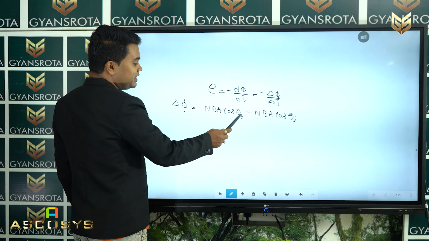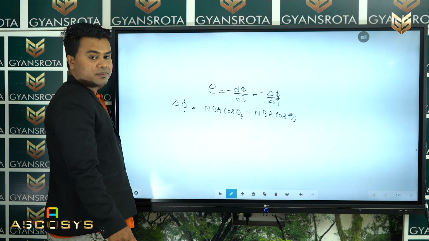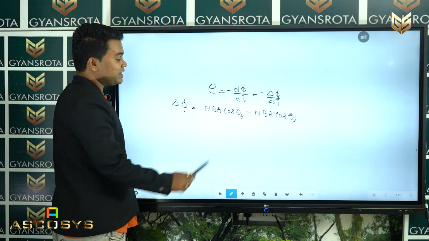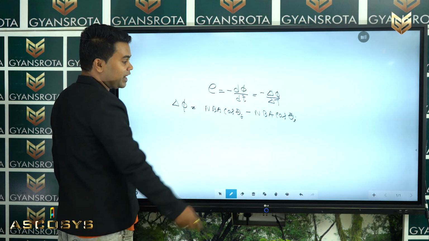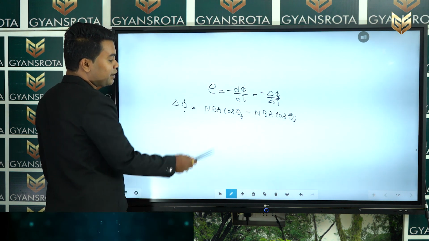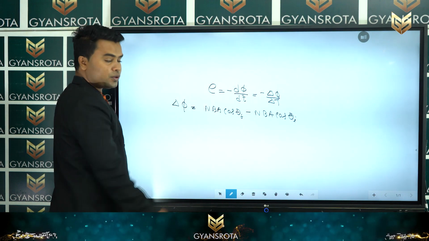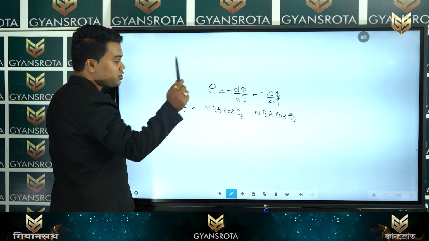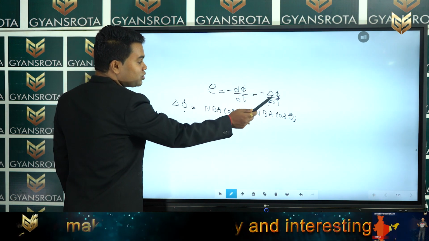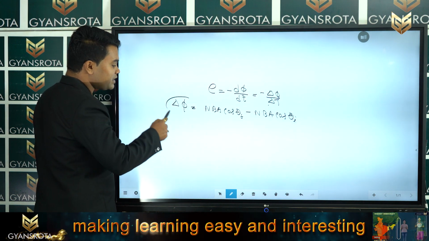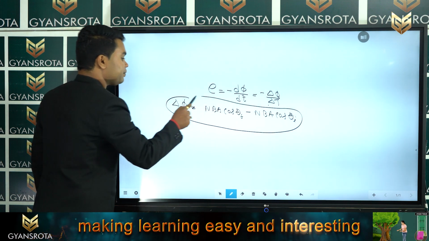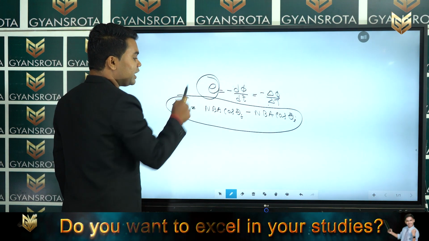See, θ final is given to you. In the question it is saying that it is rotated till 90 degree and initially it will be 0 degree. Number of turns you know. Area is also given in the question. Magnetic field is also given in the question. Time is also given in the question. So if you calculate Δφ, then EMF can be easily calculated.